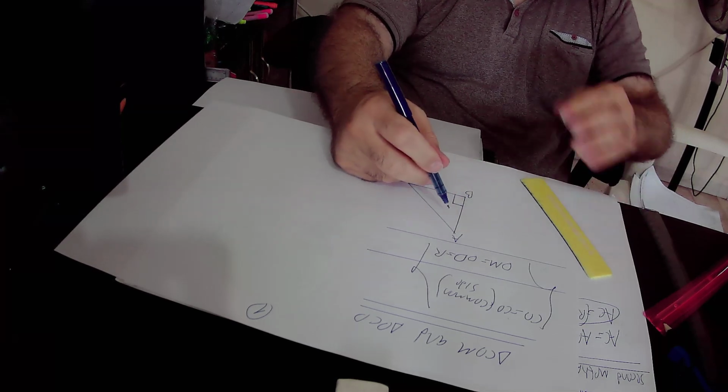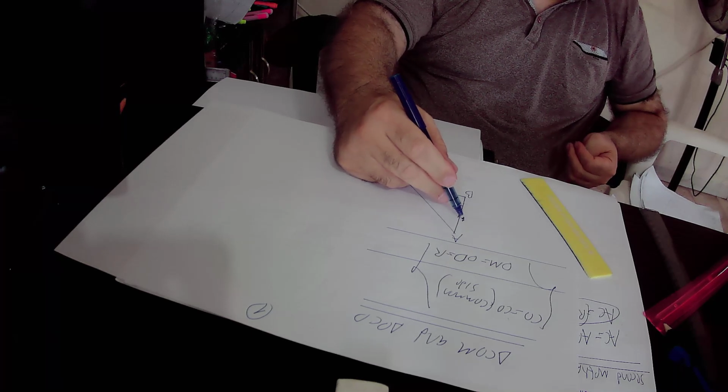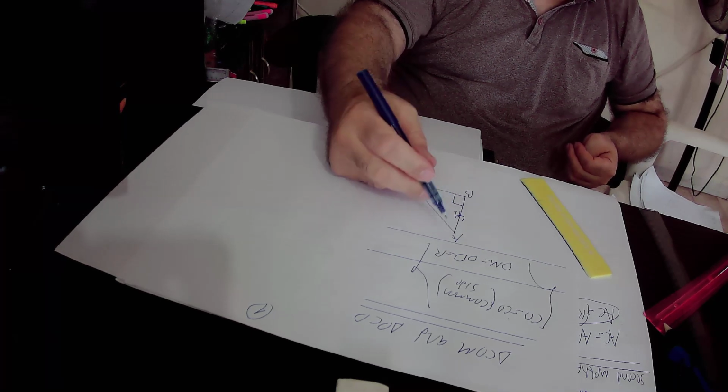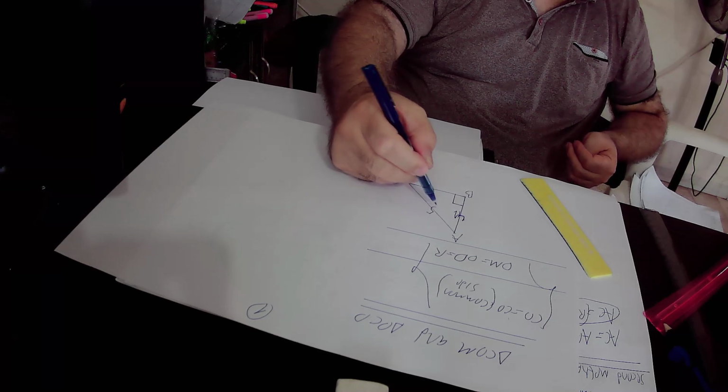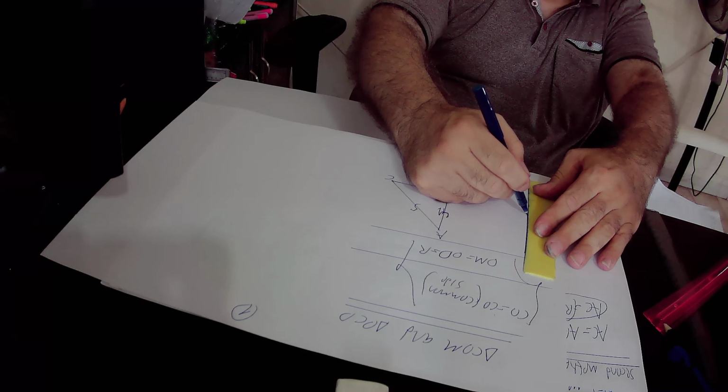And we know that the perpendicular AB equals 4 units and the hypotenuse AC equals 5 units. And we have a second right triangle, triangle DEF.